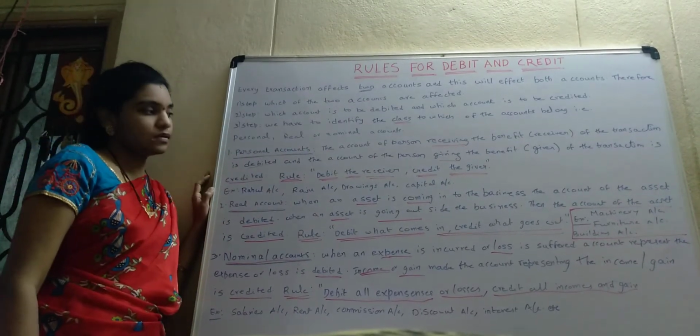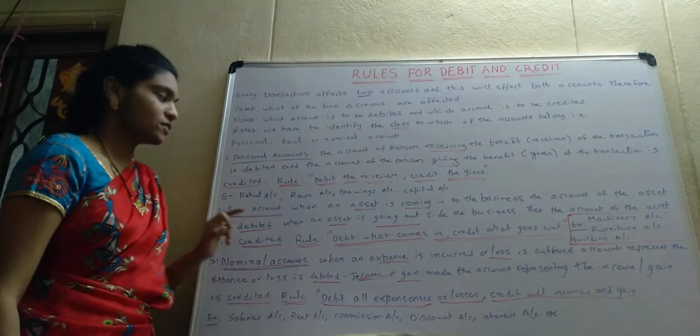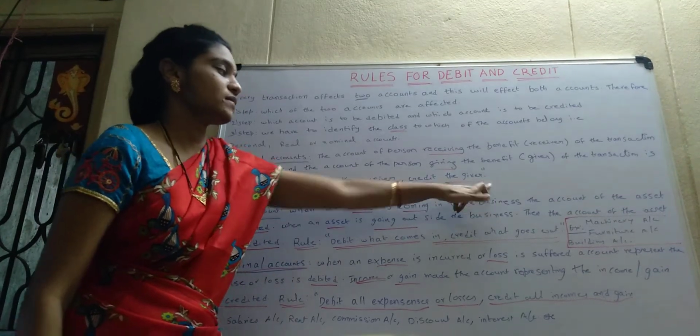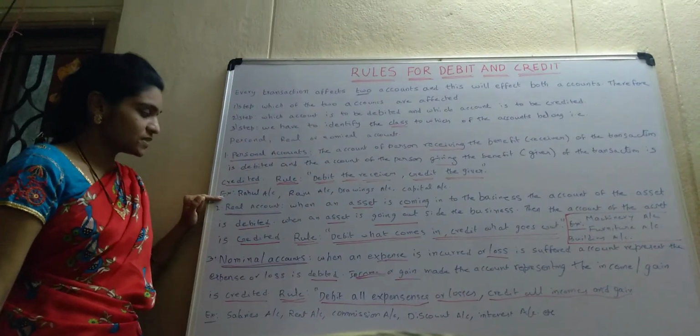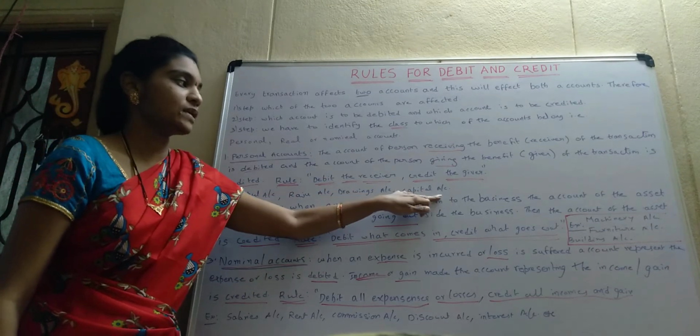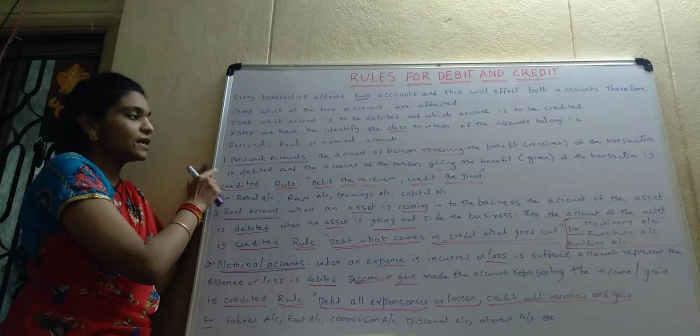What is the rule? Debit the receiver, credit the giver. Examples are Rahul's account, Raj's account, drawings account, capital account. All come under the class of personal accounts.